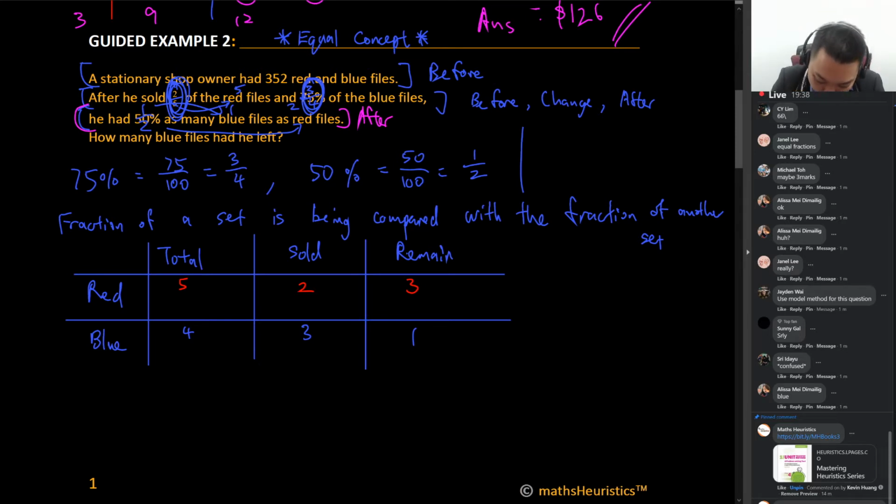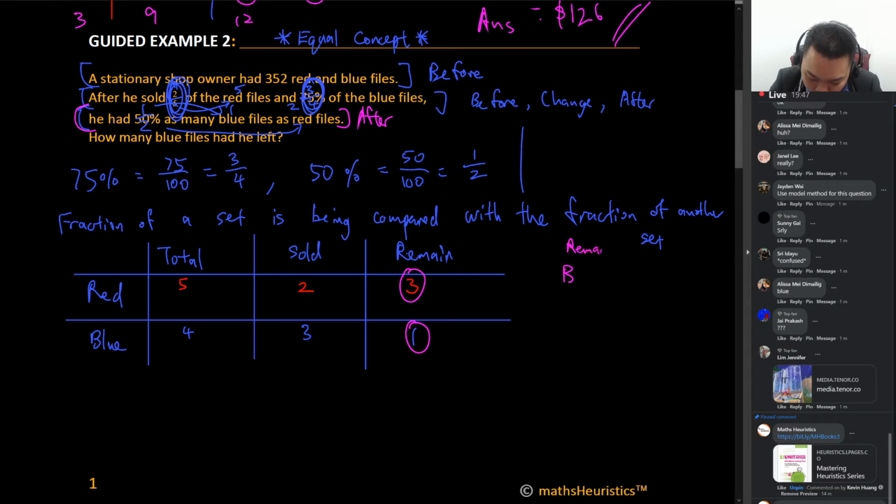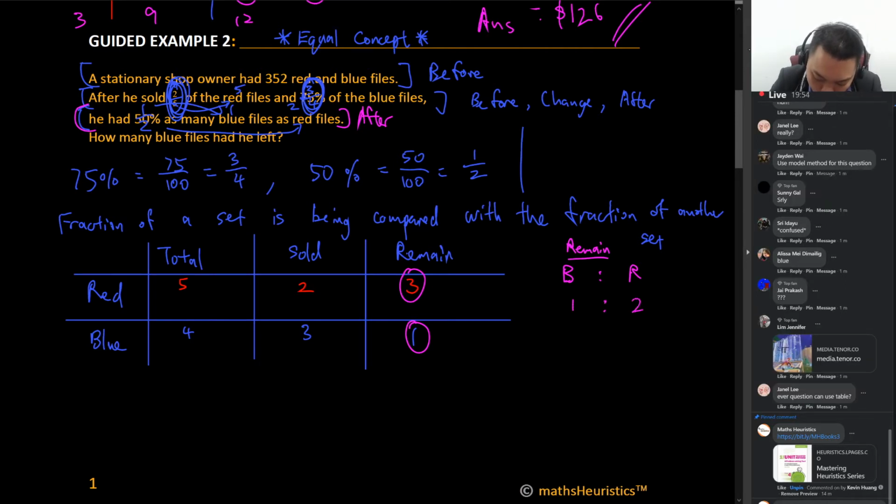Okay, so what they are saying over here is that for blue to red remaining, they have to be in the ratio of 1:2, but we have a ratio of 1:3 over here.